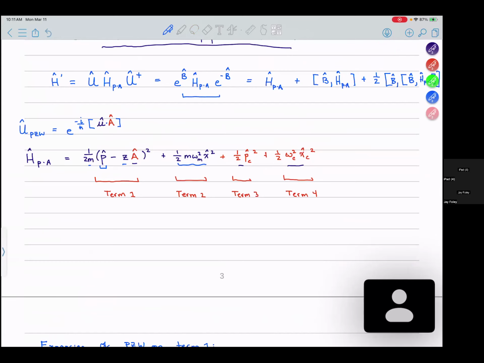The important thing, though, is that the PZW has the matter and photon position operators in it, right? Mu hat and A hat are fundamentally position operators. And this term one only has the conjugate of one of those, right? It has P hat for the matter. So it has the conjugate operator for the matter term only. And so the PZW is actually not going to operate on A hat.